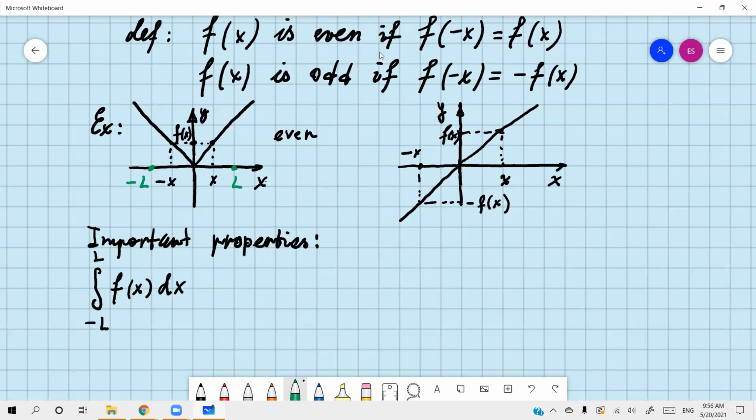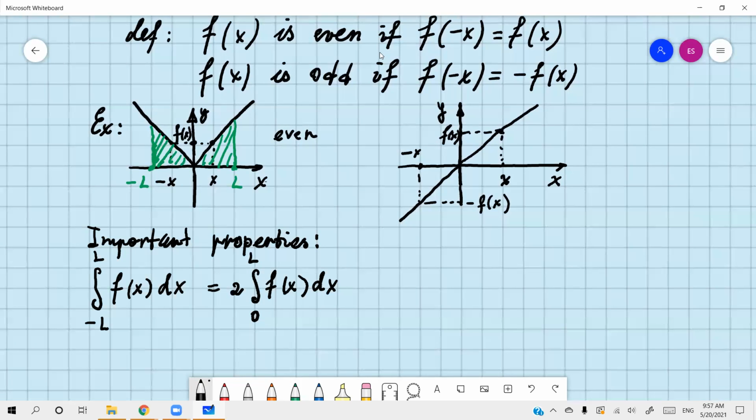We remember that an integral is the area under the curve, right? So we calculate this area and we calculate this area, and we see that these two areas are identical. For us, it means that we can limit ourselves to calculating only half of the area, from 0 to L of the same function, and double the result.